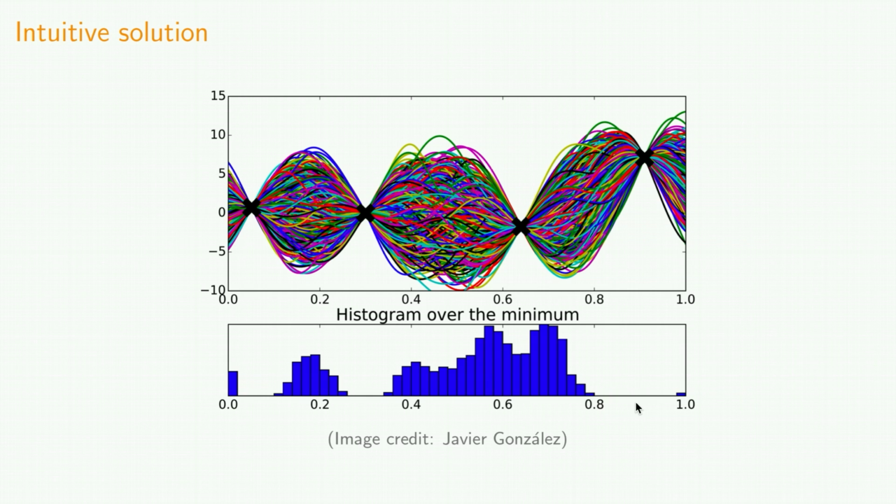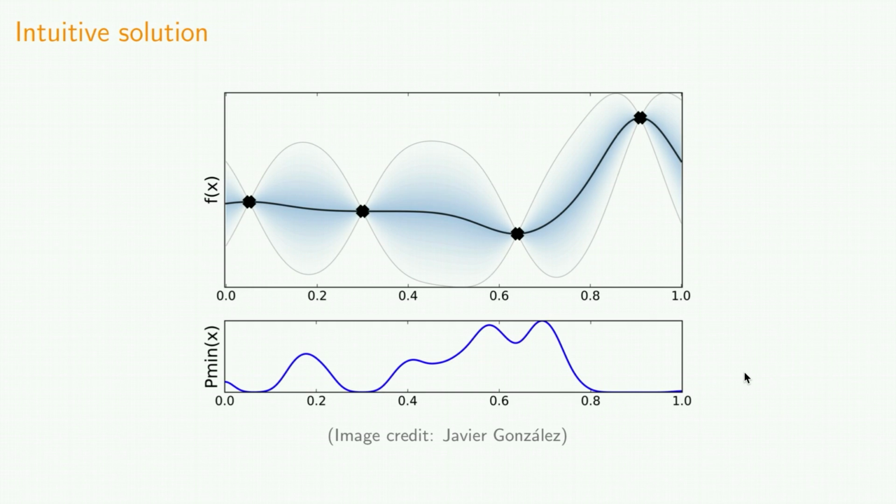And at the end of the day, we end up with a density of where we've observed the minimum, where the highest probability here is around a bit before 0.6 and a bit after 0.6. Well, actually the highest is here. So by drawing functions from the posterior Gaussian process, we can build a histogram of where the minimum of this function is.